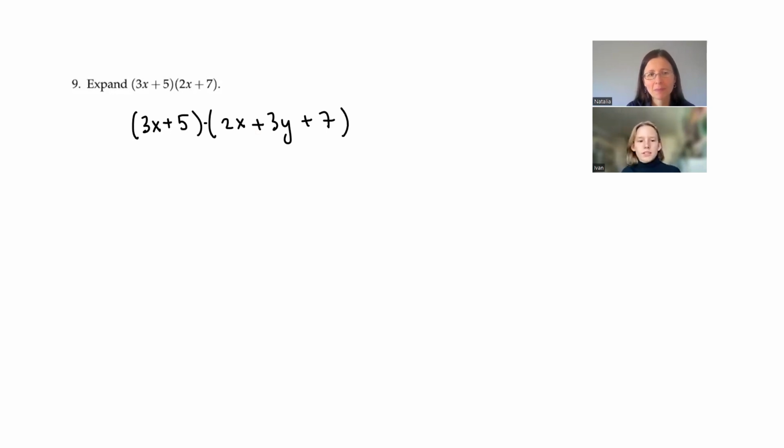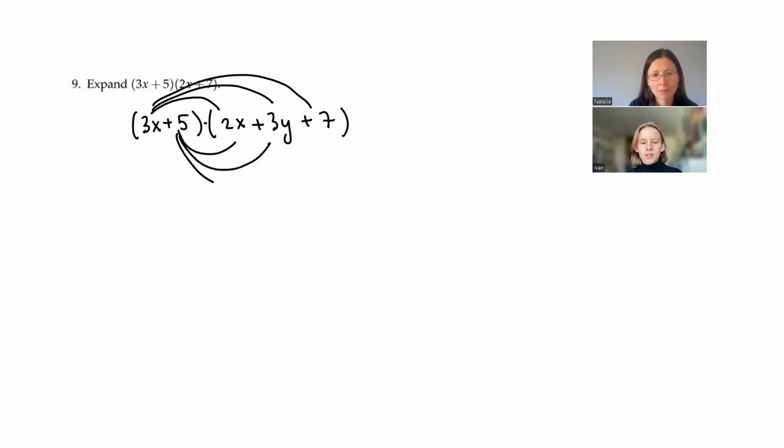So there are two ways, distributive property and FOIL, which is technically the same way, but there are, I would say, two names. Basically, we would simply distribute each term over the terms in the second parentheses separately, like 3x times 2x, then 3x times 3y, then 3x times 7, and then 5 times 2x, 5 times 3y, 5 times 7.